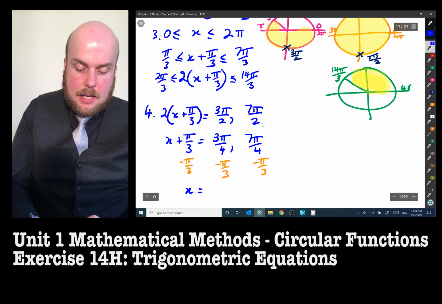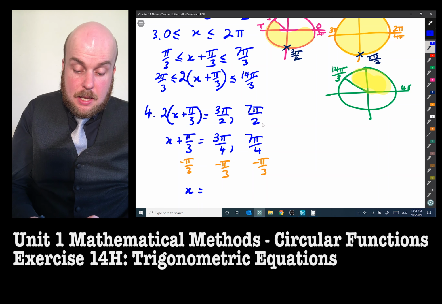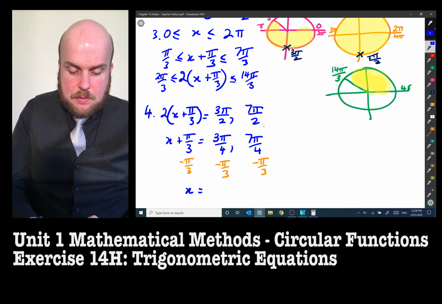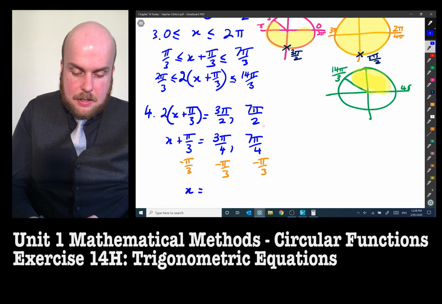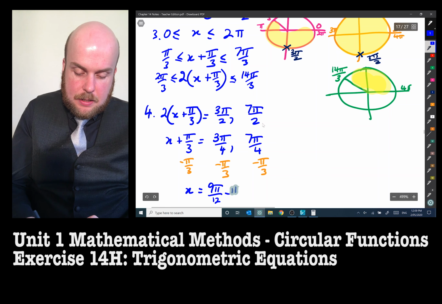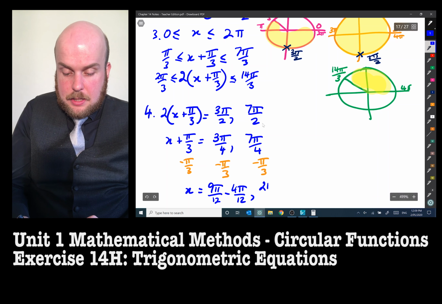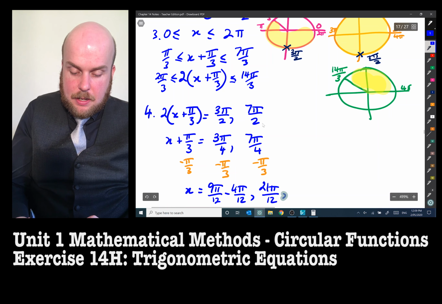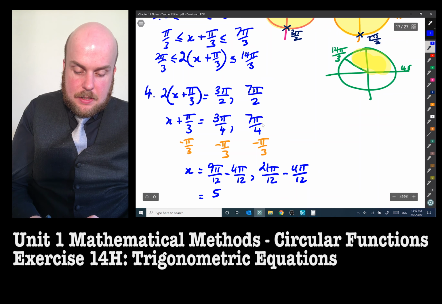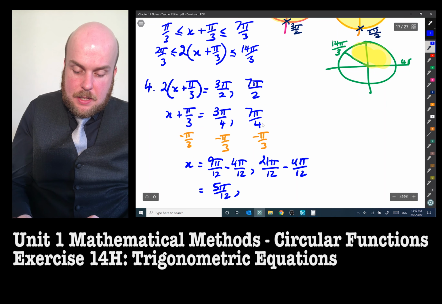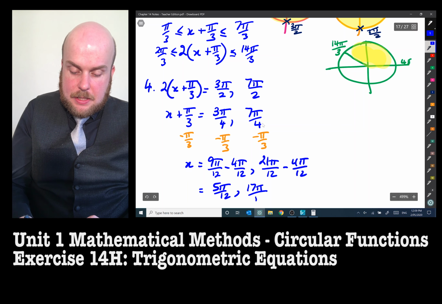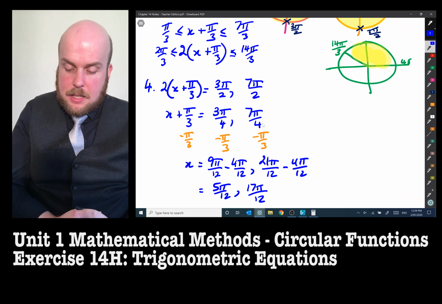And we get x is equal to, oh goodness gracious, need to get denominators of 12 here, so that's going to be 9 pi on 12, take away 4 pi on 12. This is going to be 21 pi on 12, take away 4 pi on 12. So this is equal to 5 pi on 12, and that will be 17 pi on 12.